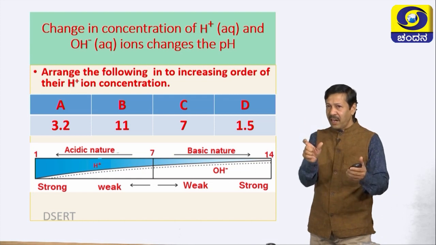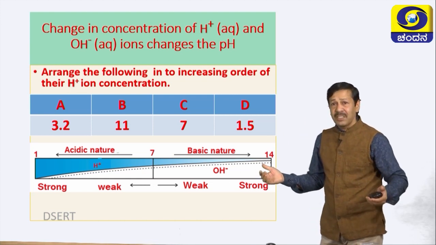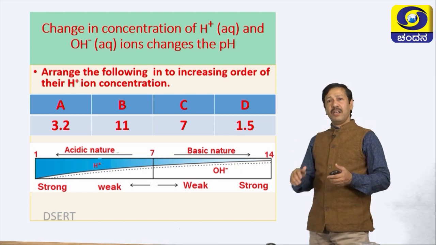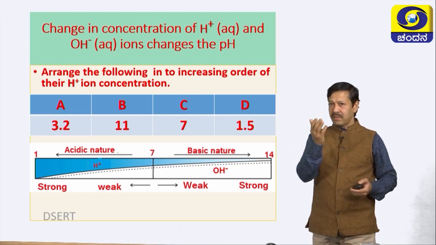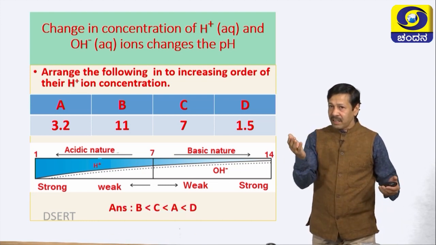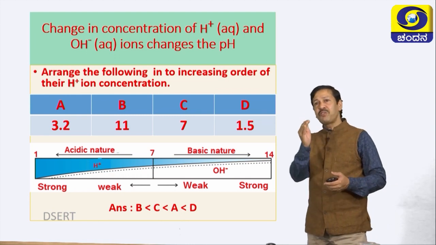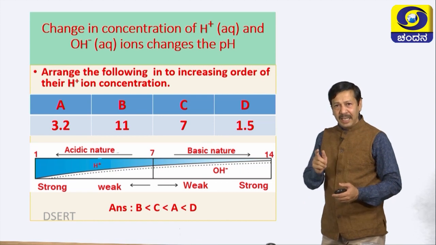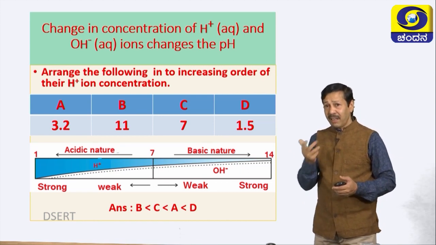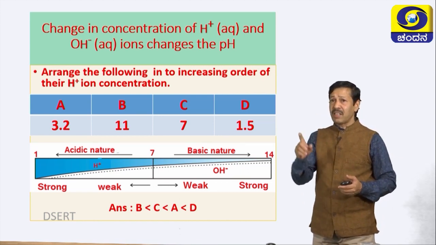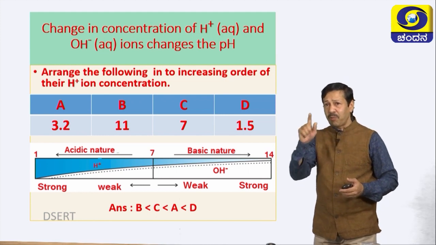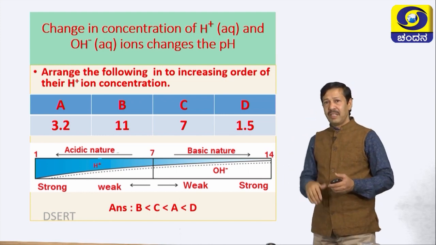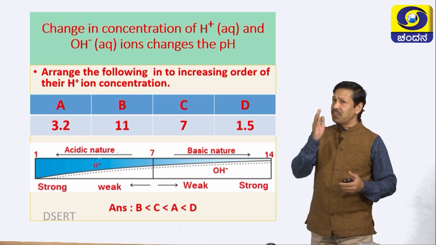Based on this knowledge, let us try to analyze this question and answer. So, what is the answer? Let us see. Yes, probably most of you tried very well, very good. Now, what is the value of B? 11. H plus ions are very, very less among the 4, that is the B solution. Next comes 7, which is neutral.